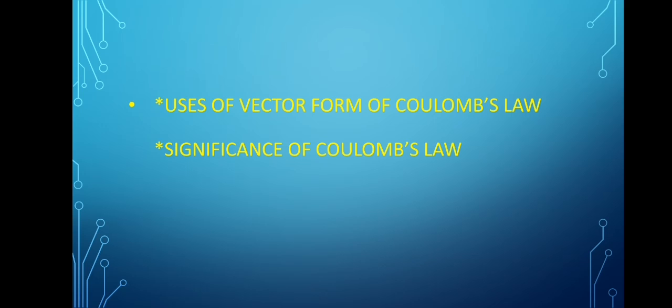Here are a few uses of the vector form of Coulomb's law. First one, it tells whether the force is attractive or repulsive. With the help of a vector diagram you can easily find out whether the force is attractive or repulsive.